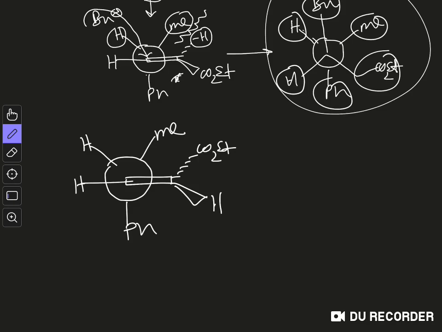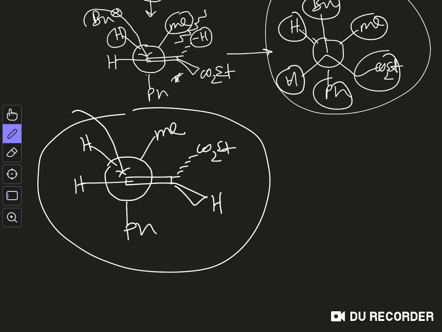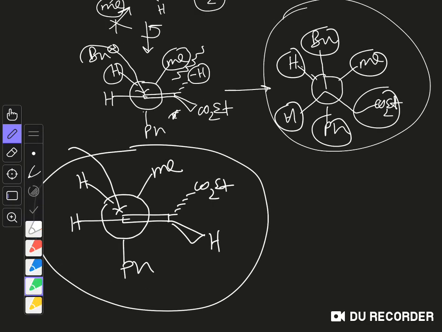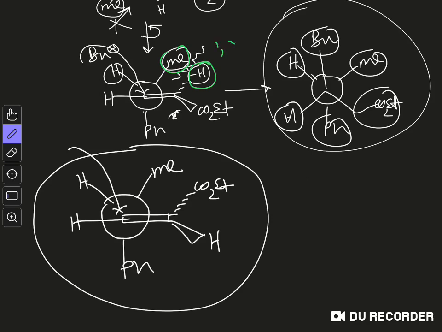Now again you can see in this particular conformation the nucleophile can attack from this side, which is possible, but this conformation is very high in energy. Why? Because in the previous case we had only a small hydrogen atom and a methyl group, and the 1,3 allylic strain was not that high.